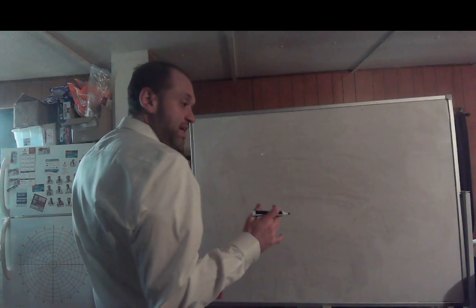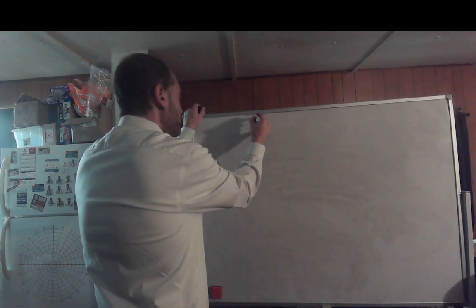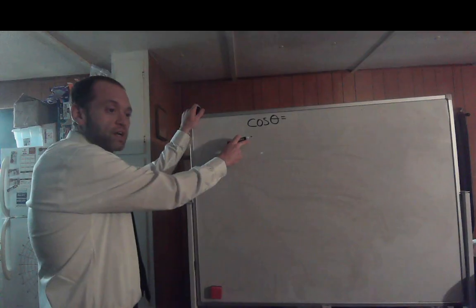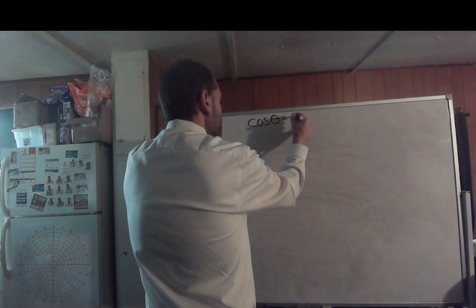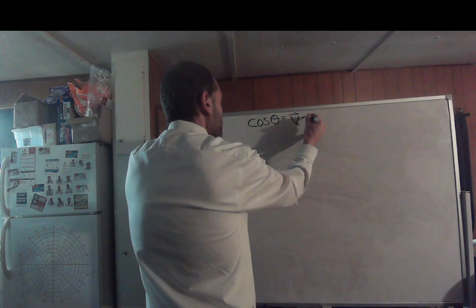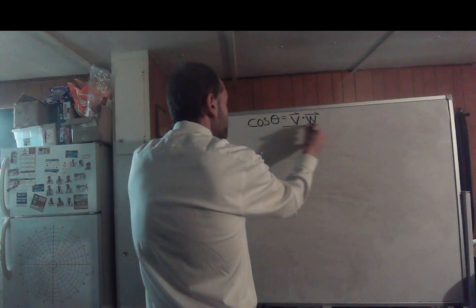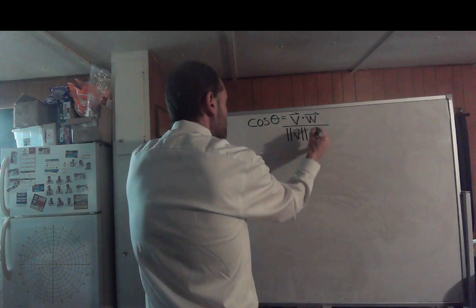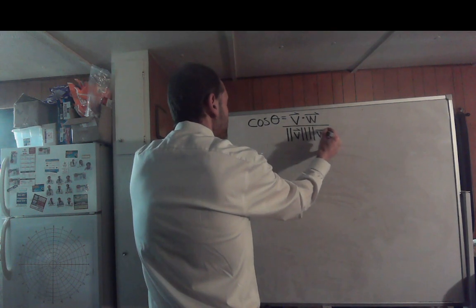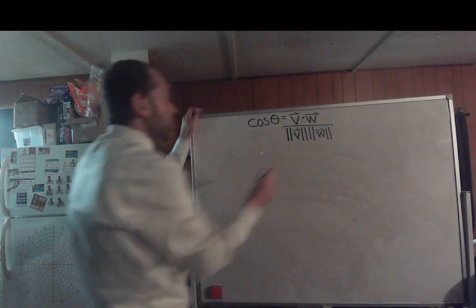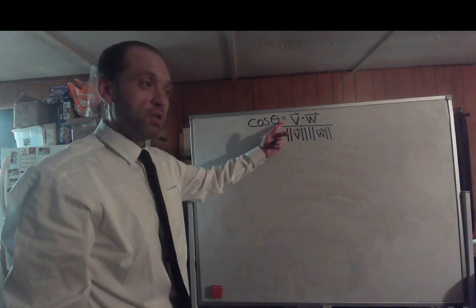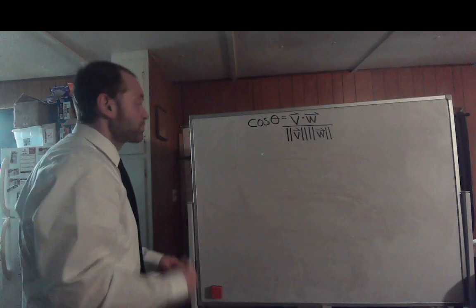If you wanted to find the angle between two vectors, the formula for that is the cosine of some angle theta in between the two vectors is equal to the dot product of the two vectors divided by the product of their magnitudes. Then, once you get all that, you would take the inverse cosine and come up with your angle. So let's find the angle between a few vectors here.